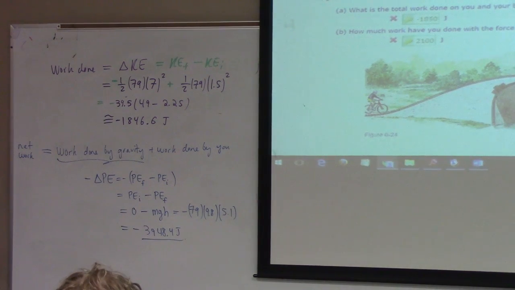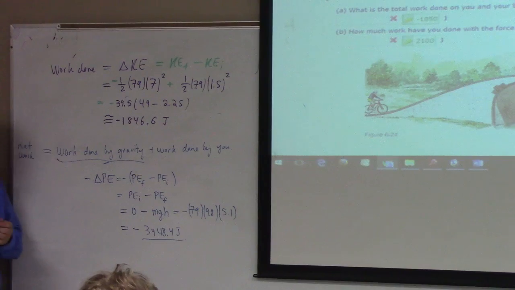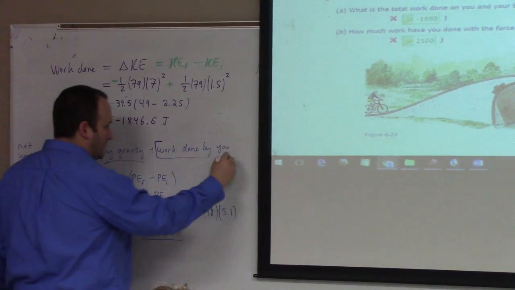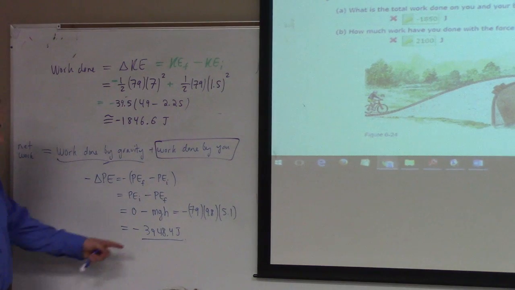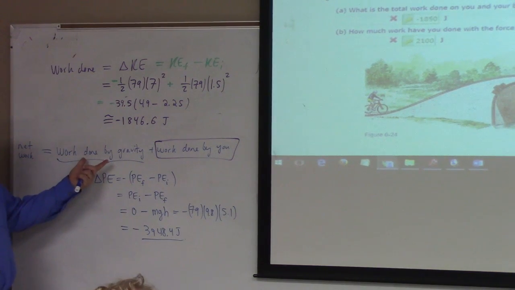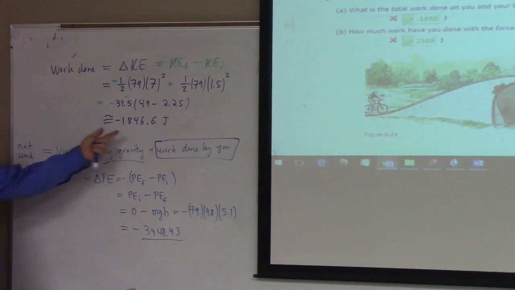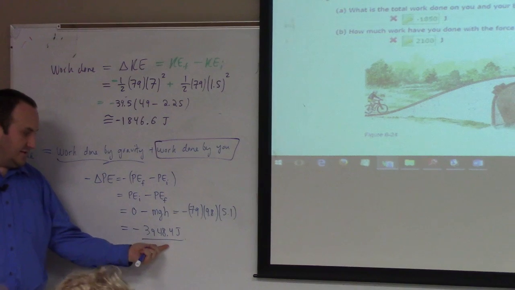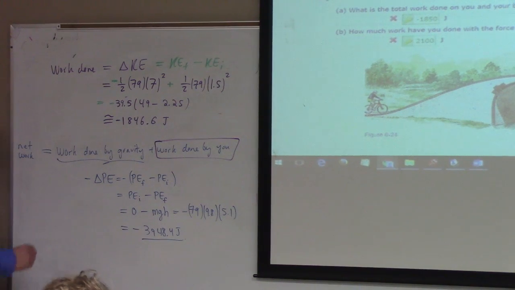Now, what does that have to do with it? Well, we're trying to find what? Right, we're trying to find this. We've just found out that the work done by gravity is minus 3,948. We already know that the net work is minus 1,846, so we just have to add this to both sides. So what do we get?